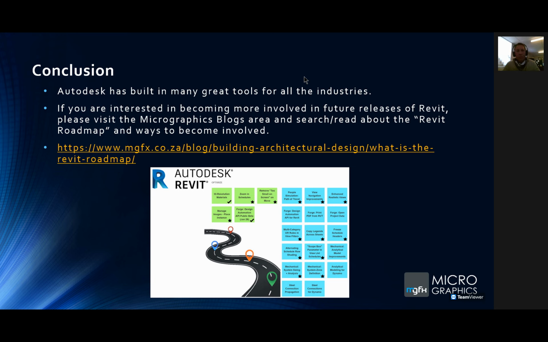One of the forums is actually a Revit ideas forum, and on that ideas forum there are a lot of ideas that users have, and you can, as a user, go and vote for an idea that you would like in the software.